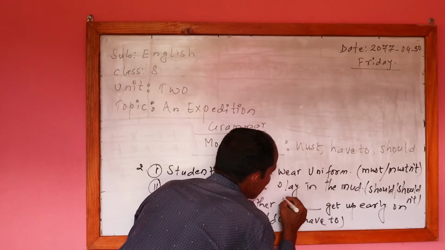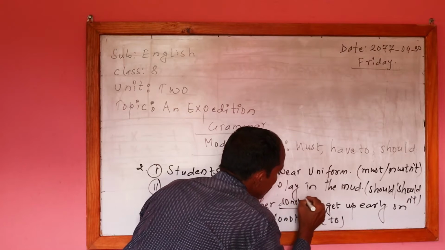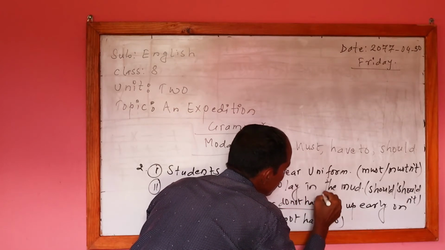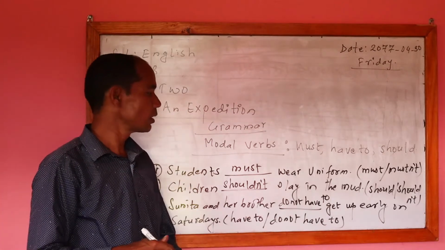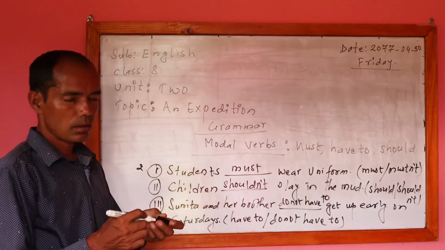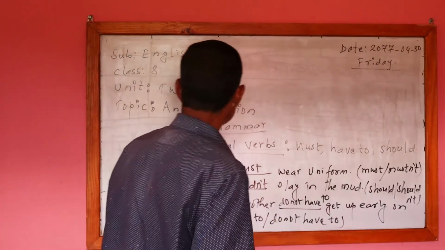Correct one, isn't it? Do not have to. Why do we use do not have to here? Because they do not go to school on Saturdays.